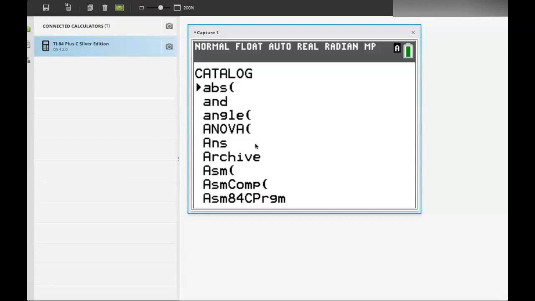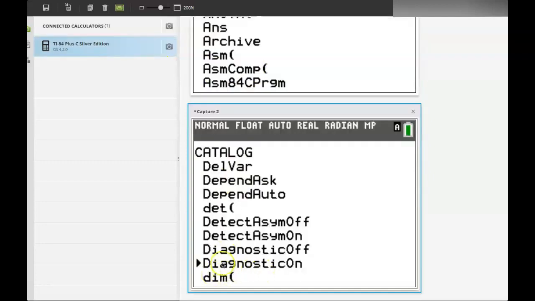Scrolling down to find diagnostic. Okay, so here is diagnostic off. Here is diagnostic on. You should choose that one and then enter, again enter. So you should see done.